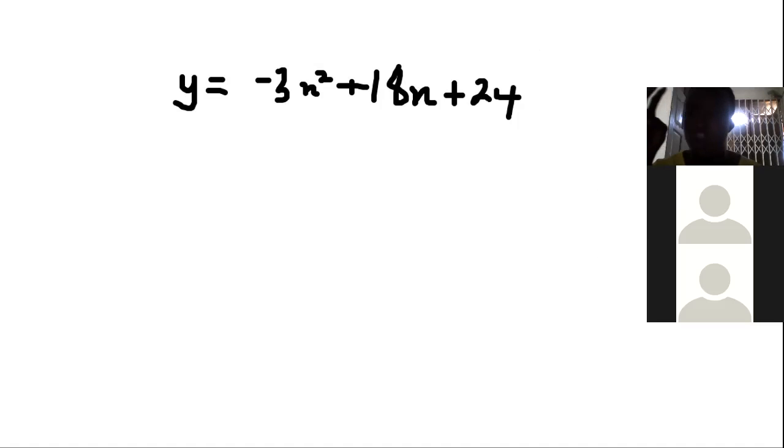Number one, the factorization method, which in commerce you've been taught, or you'll be taught. We will also be doing the completing of squares. So here in elective maths, we will be doing the completing of squares and also using the quadratic formula.